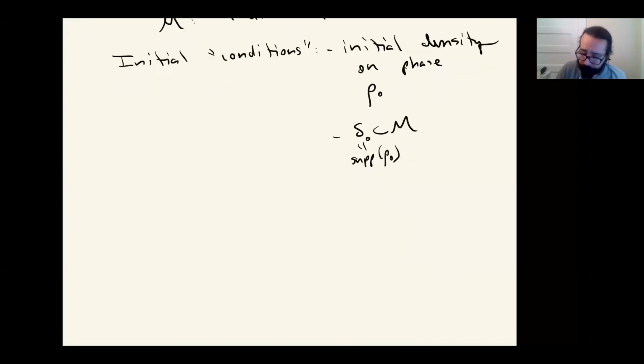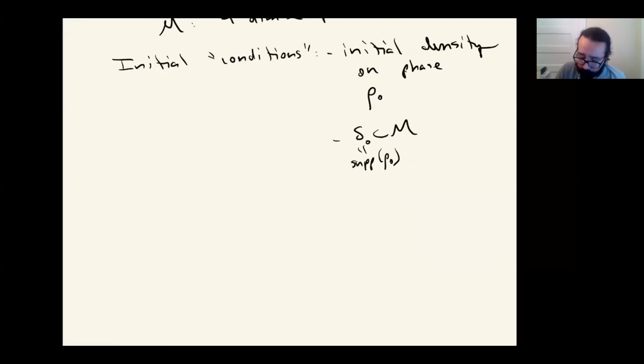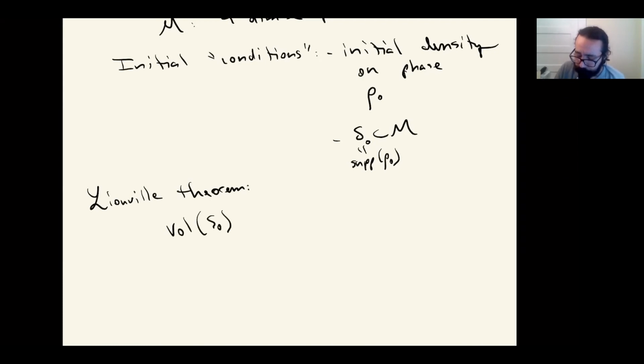For Hamiltonian classical mechanics, we have Liouville's theorem, which says that the volume of S naught is preserved under time evolution.